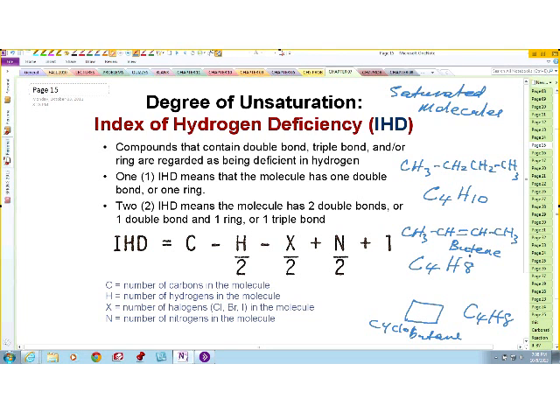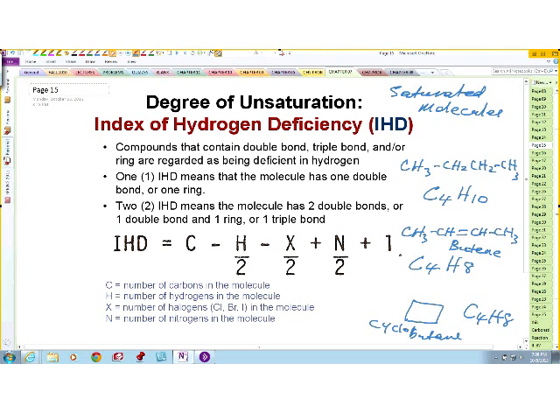So if I give you this formula, and I say give me all of the constitutional isomers from this formula, you have to include the alkenes and the cycloalkane. Because in this case, as you can see here, for each ring that you have, how many fewer hydrogens do you have? 2. So each ring takes 2 hydrogen atoms away.